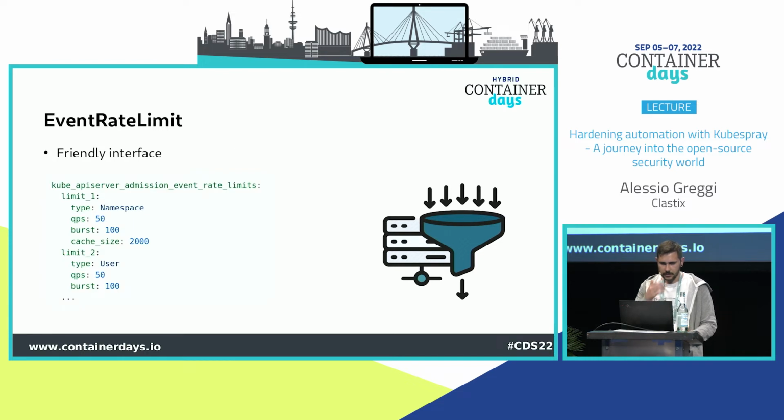So what we have done was to provide a friendly interface for the user that wants to use Kubespray and configure this admission plugin, providing the same interface that you have using kubeadm. So essentially, you can set up different kinds of limits, and for each limit, you can decide the type, the queries per second, the burst, and the cache size.